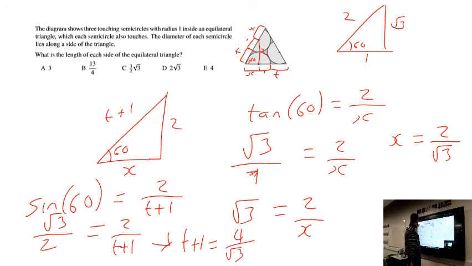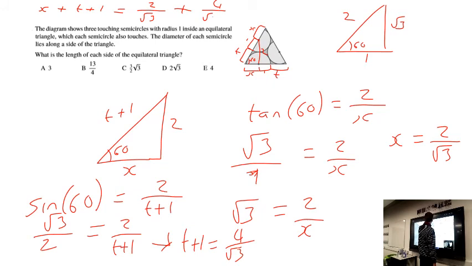Okay, so each side is x plus t plus 1. X is 2 over square root of 3. T plus 1 is 4 over square root of 3. This is equal to 6 over square root of 3.